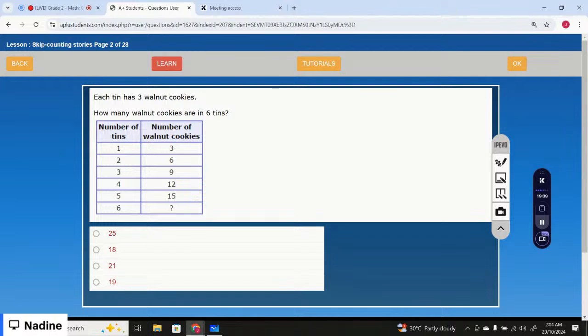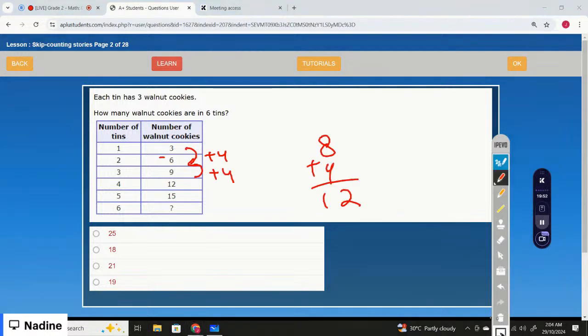Each tin has 3 walnut cookies. How many walnut cookies are in 6 tins? So, which is the correct option? So, the first tin has 3. 3 plus 3, 2 tins have 6. 6 plus 3, 3 tins have 9. 9 plus 3, 4 tins have 12. 12 plus 3, 5 tins have 15.